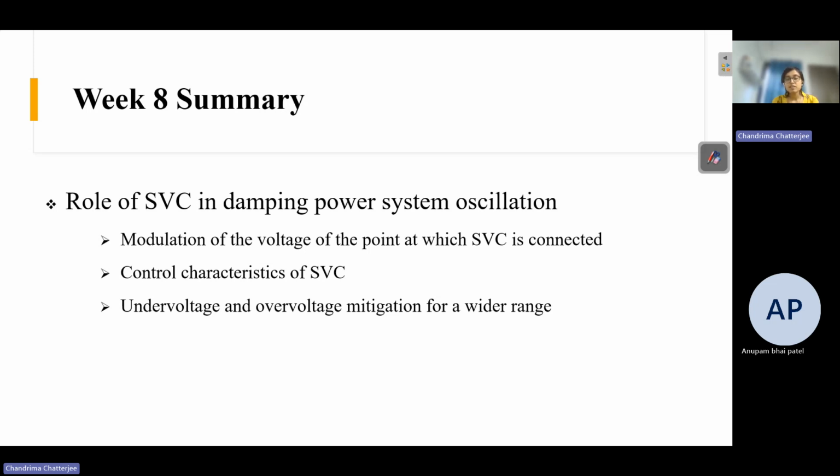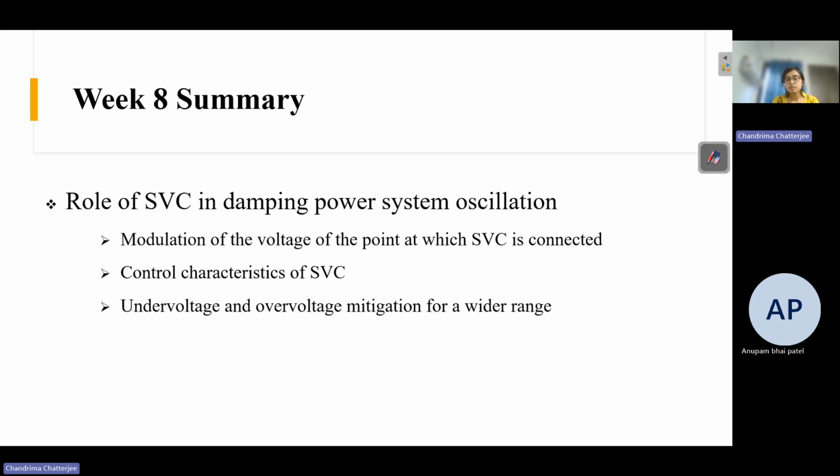Other than that, it has other advantages, such as it can increase the steady state power transfer capability of the system, and it can also increase the transient stability margin of the system. And lastly, it can provide damping in case of power system oscillation.